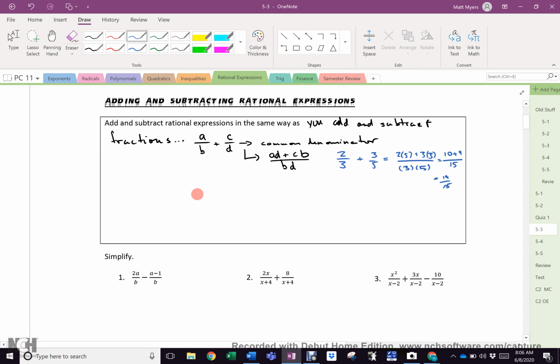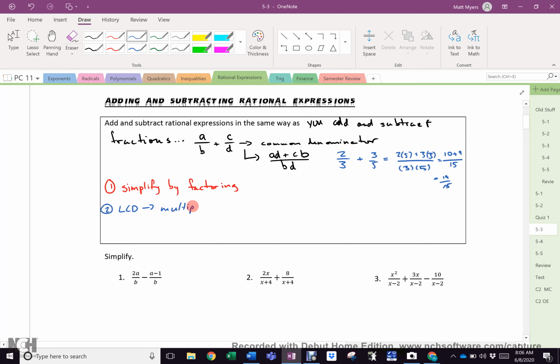Okay, so how do we do this with rational expressions? Step 1, in red, we simplify by factoring, just like we did in multiply. Simplify by factoring. Step 2, get your lowest common denominator.